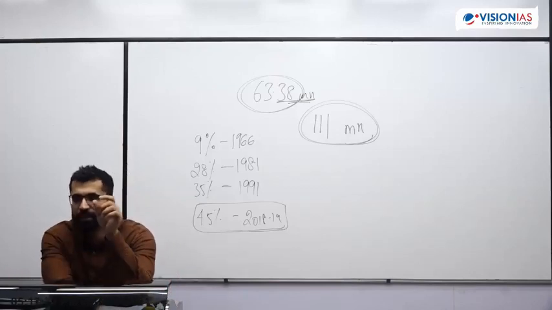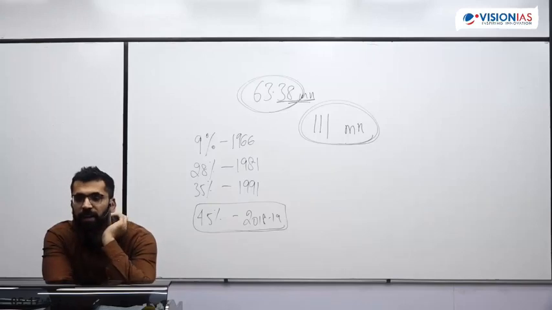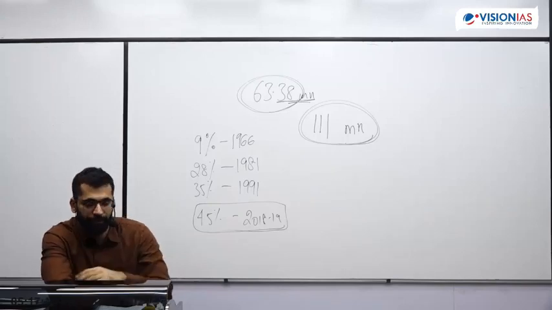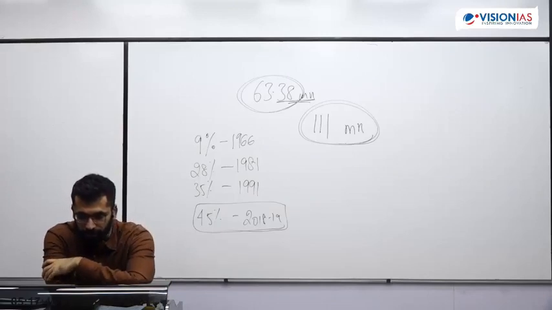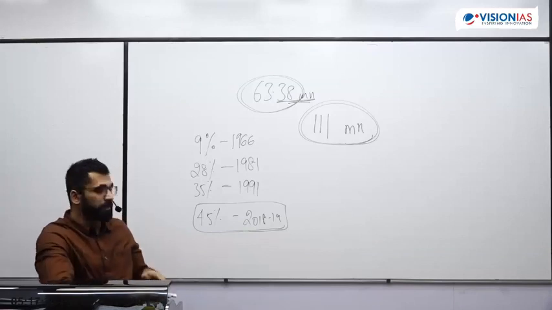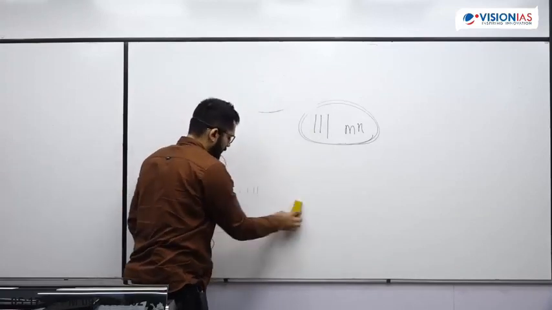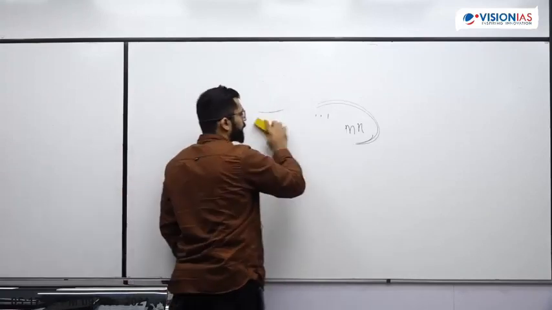Then you can write the missing middle. Give a heading, missing middle. In bracket you can write dwarf firms. First you can write the cause for missing middle. So I think we discussed why small firms are not growing.